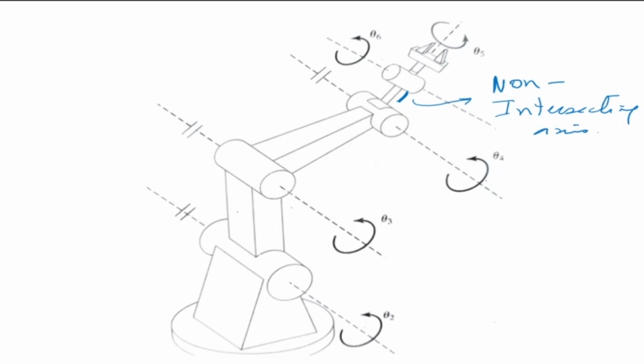But the exception to this rule is that this manipulator, although the last three axes are not intersecting, has a closed form inverse kinematic solution. Now, what is the rule then? Now, what is the exception? The exception is that axis 4 and axes 2 and 3 have to be parallel.